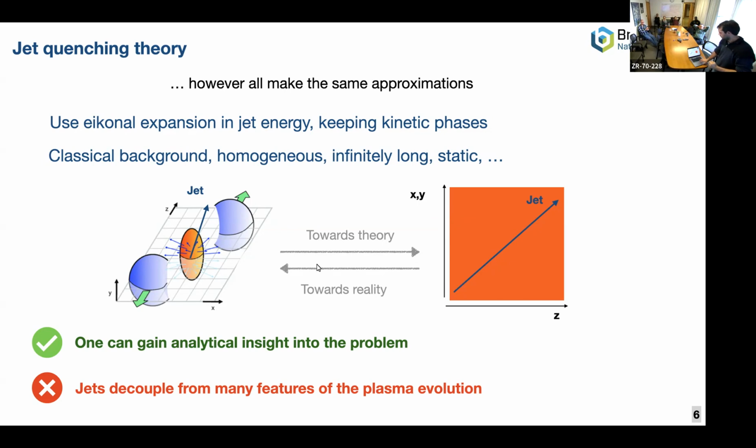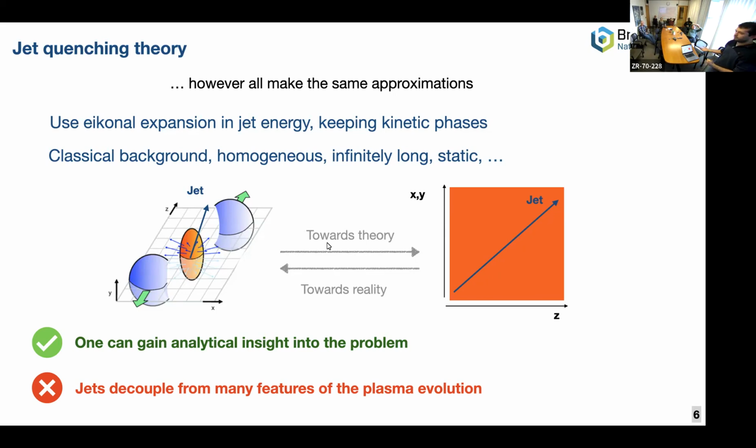Of course, this is probably not the best model for this event, but the good thing about doing this is that it gives insight into the important scales in this problem, and it gives you some analytical insight into all of this business. But the problem is that once you take all of these approximations, many of the effects of the evolution imprinted into the jets are lost.